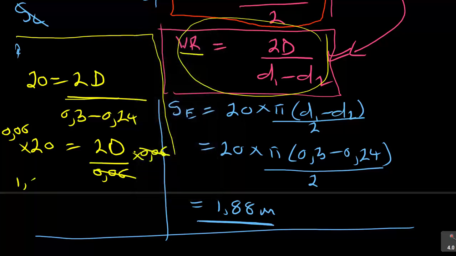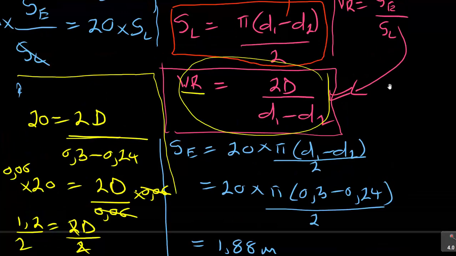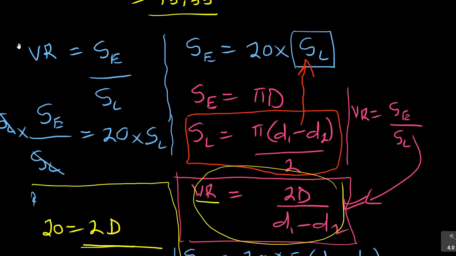So 1,2 is equal to 2D. Divide both sides by 2 so that you remain with D, and you'll see that D is 0,6, which is the big D. But remember, you are working with meters. So when you've got the big D, now you can use this formula.